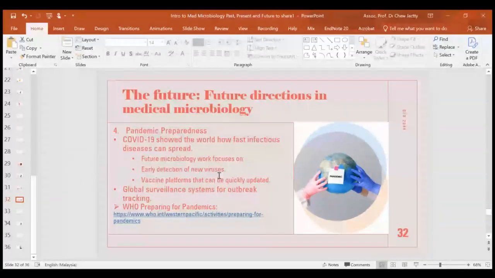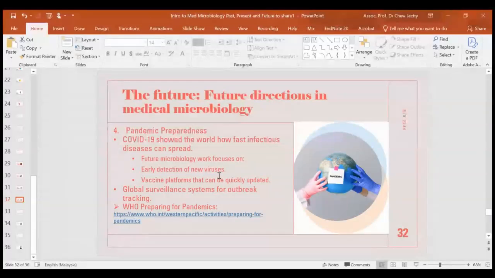And also we must work on vaccine platforms that can be quickly updated. COVID-19 has changed how new vaccines are launched in history. In the past, getting from new vaccine development to launch would take 10 years. But now we know that it can be done very quickly and efficiently. So the global surveillance system for outbreak tracking is also very important.